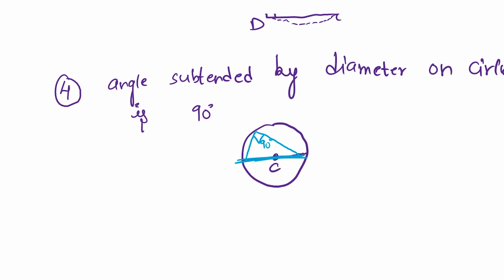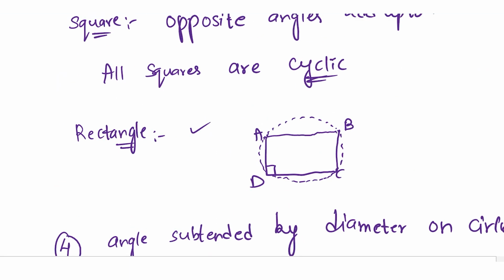Can you tell me how much will be this angle? 90 degrees. If one is 90, the other also becomes 90. Now let's look at this rectangle. This angle is 90 and this is also 90.